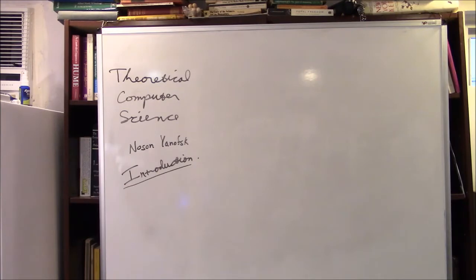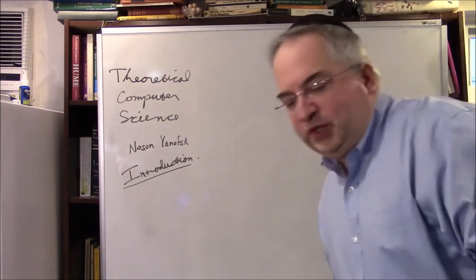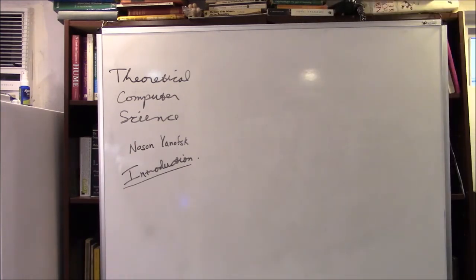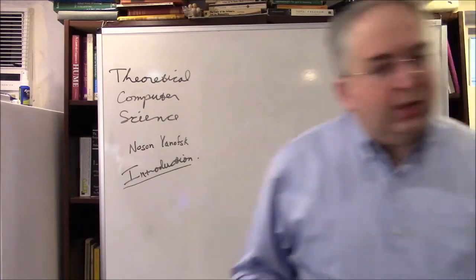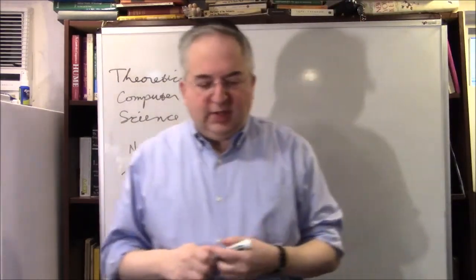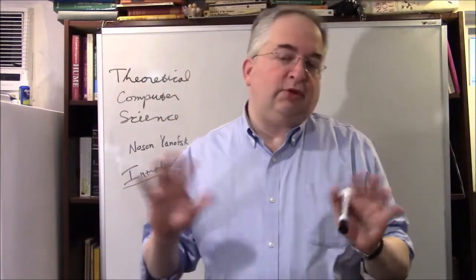Okay. So, what's theoretical computer science? Theoretical computer science asks what a computer can do and what a computer cannot do. The book on theoretical computer science can be split into three parts.